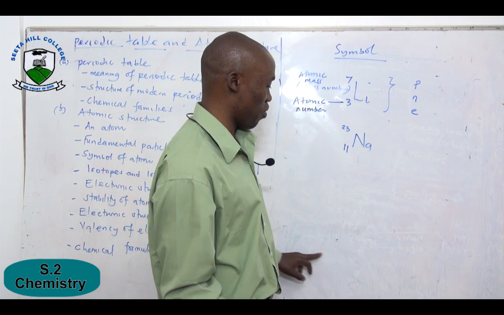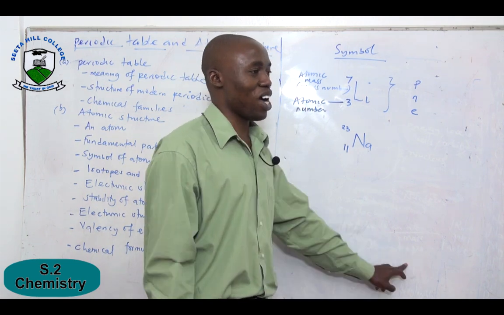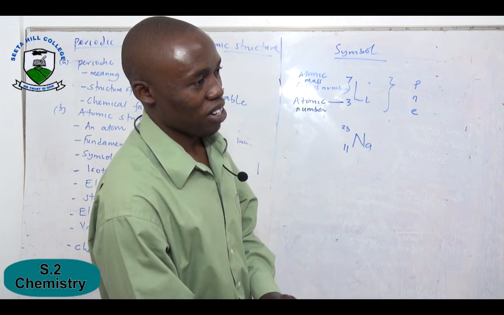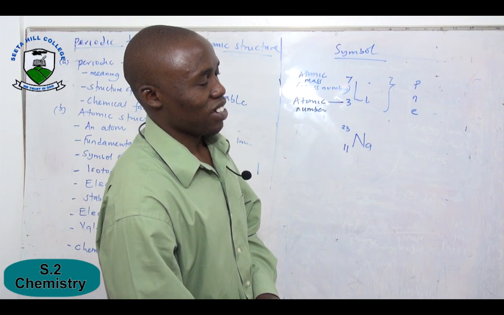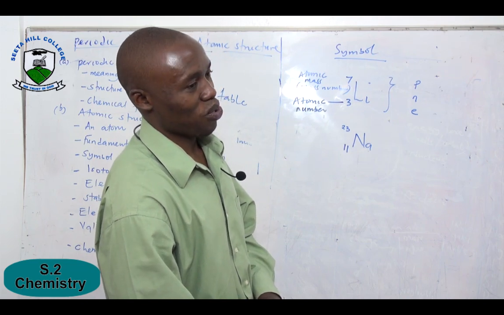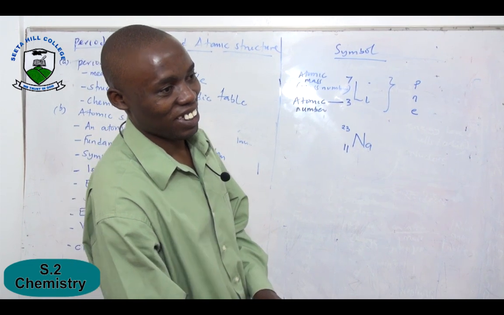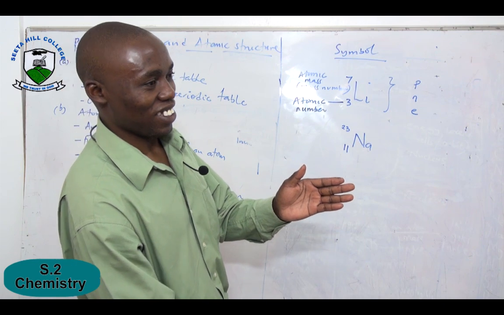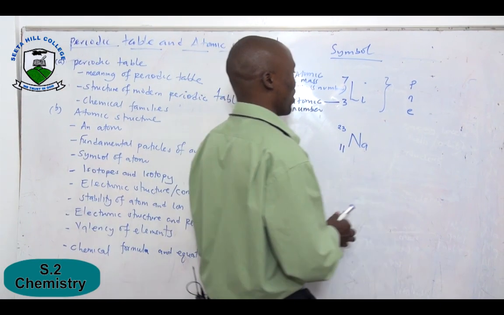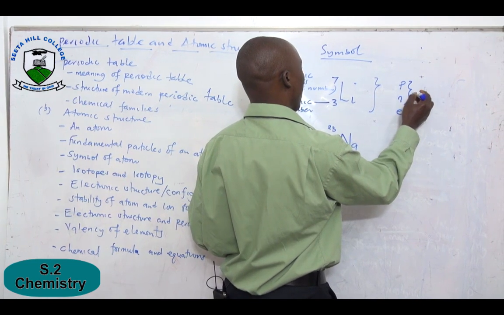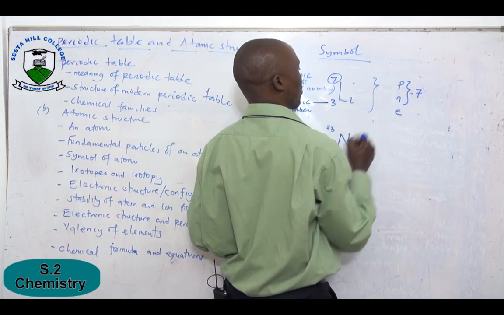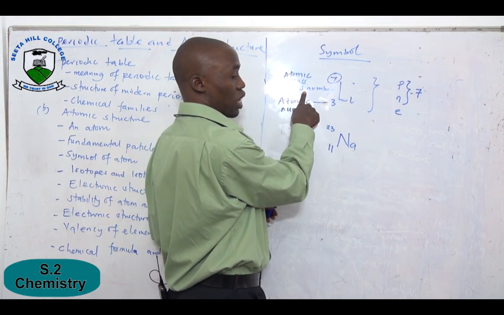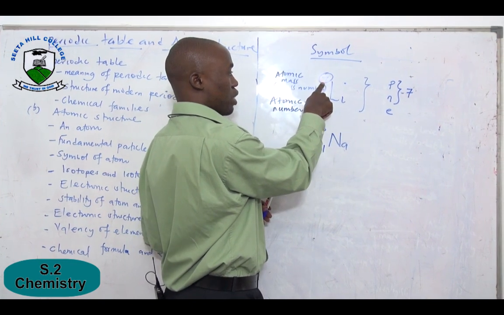Because you say the protons have a mass of 1, neutrons 1, electrons negligible. The mass is determined by who? The neutrons and what? Now, that is the mass number, which means the mass of the atom, which is up here.